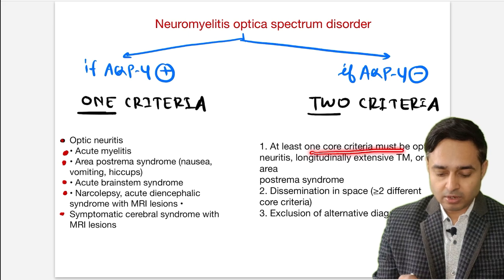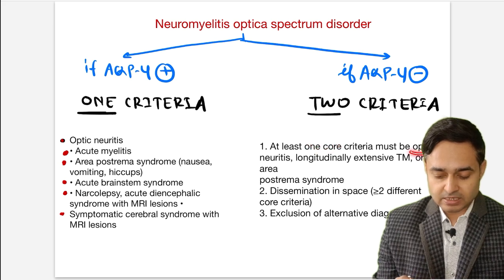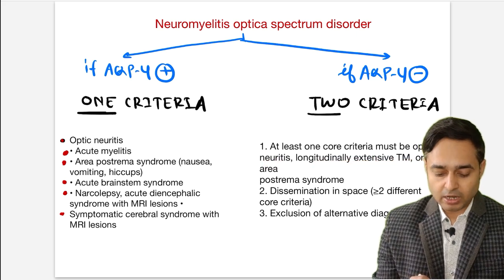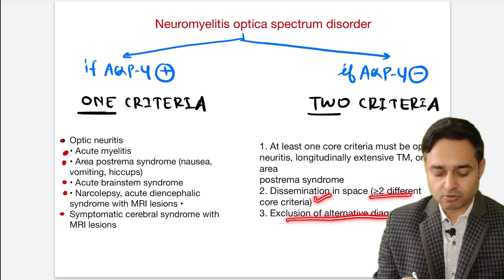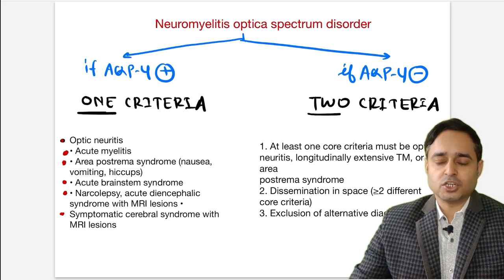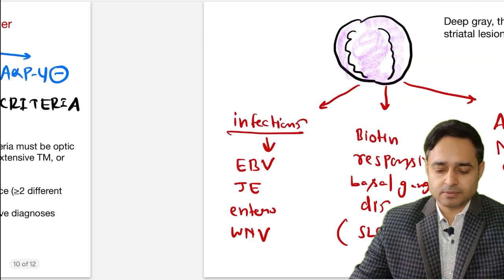At least one core criterion must be optic neuritis, longitudinally extensive transverse myelitis, or area postrema syndrome. Second, dissemination in space with two or more different core criteria, and third, exclusion of alternative diagnosis. So this is the typical definition of NMO spectrum disorders. Just go through this slide once again and you will remember.